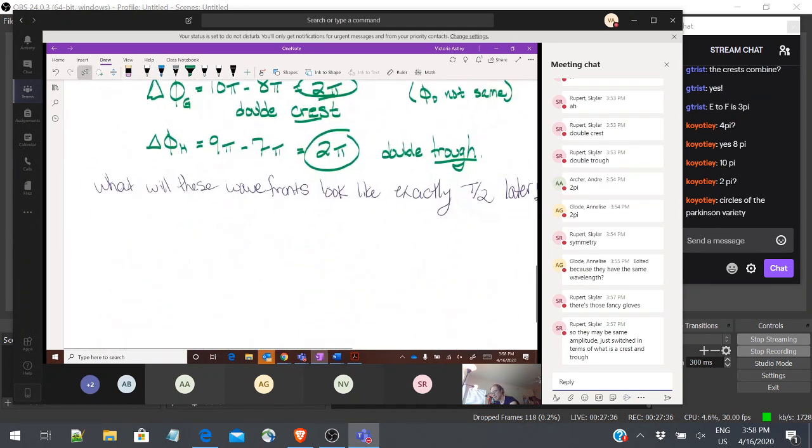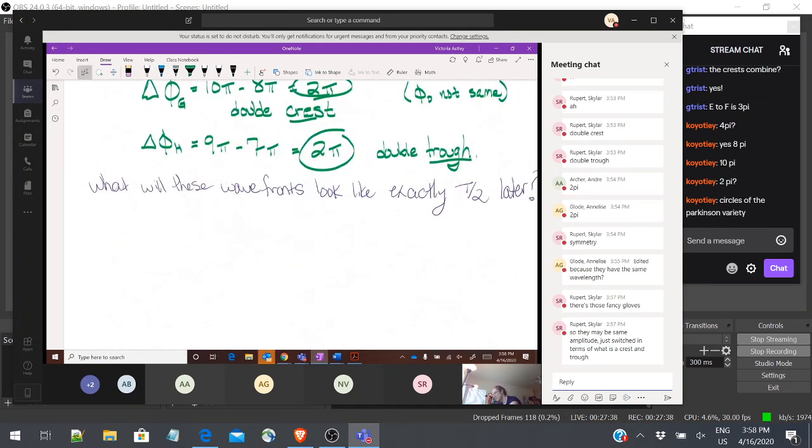Right? So what's happening here is you're asking whether these delta phi tells us whether two waves line up. Right? So we have a crest, trough, crest coming this way. We have crest, trough, crest coming this way. And the question is, will this trough arrive at the same moment this trough arrives?